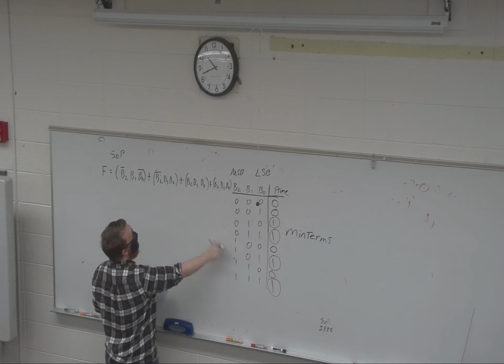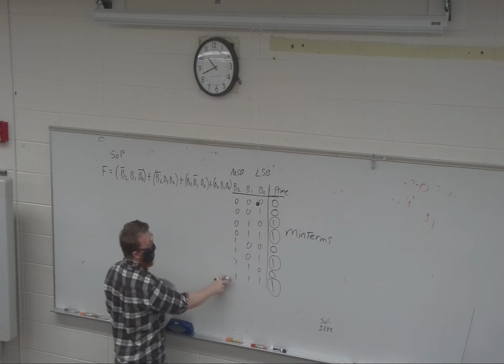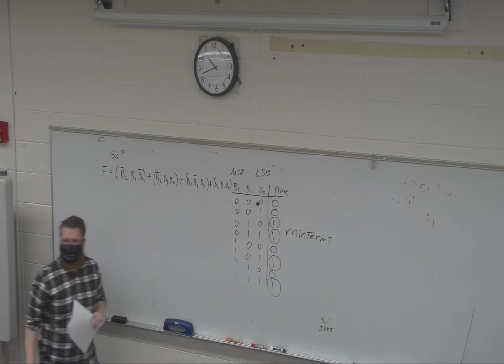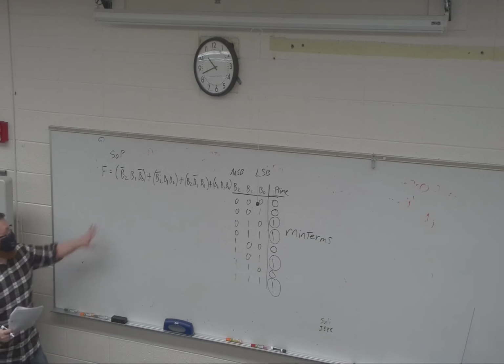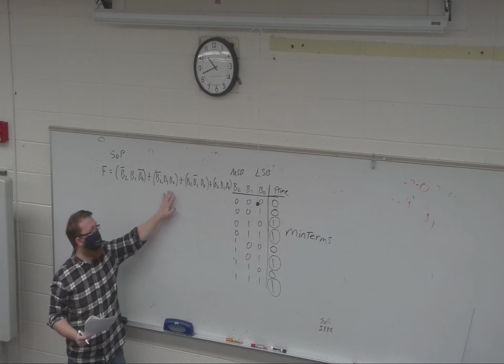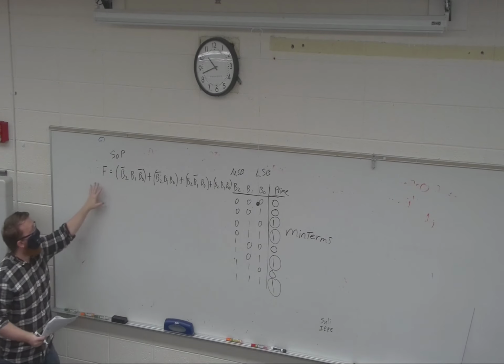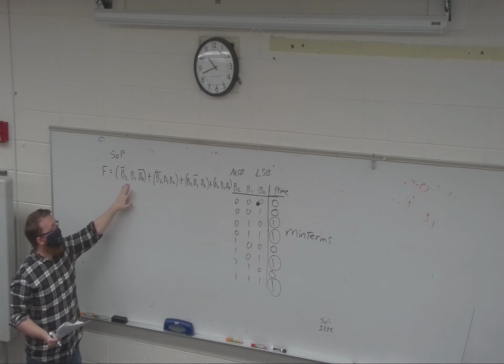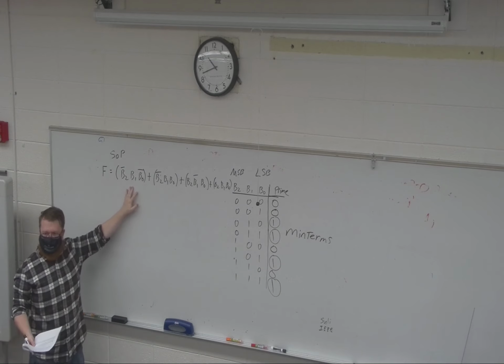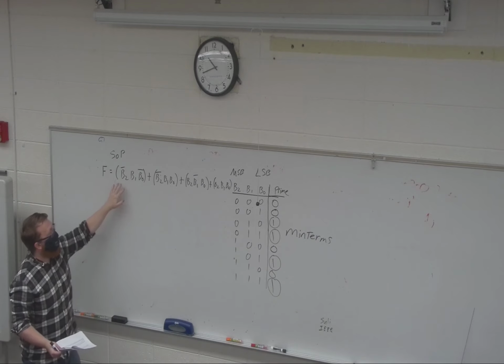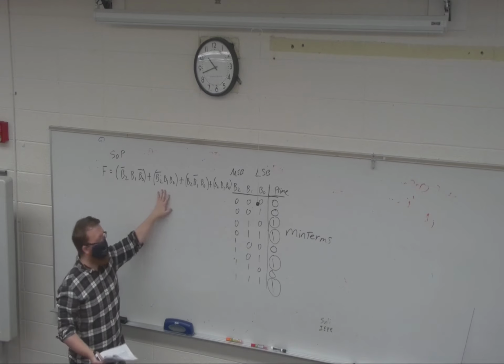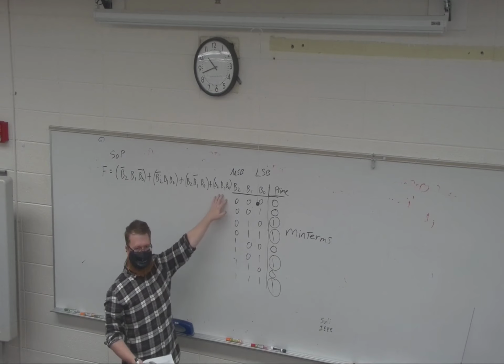The next one, the only one that is not is that one, and the last one, they're all true, right? So each of these is a minterm expression. And for each one of these, only one of these can ever be true at a time, right? So this is true, or this is true, or this is true, or this is true.